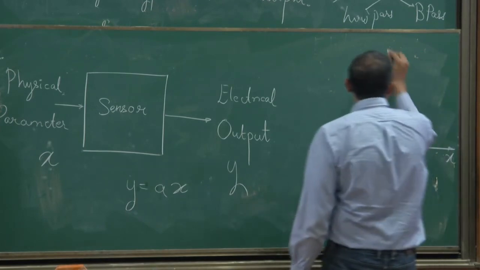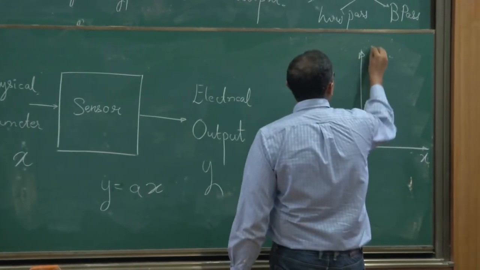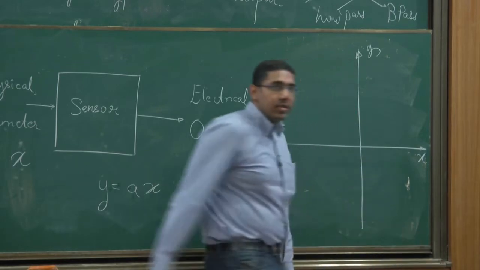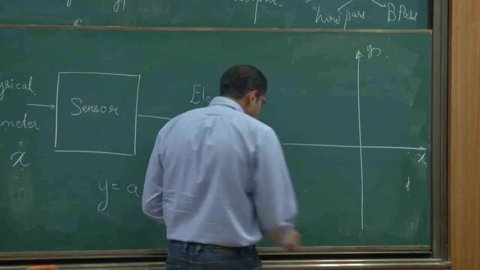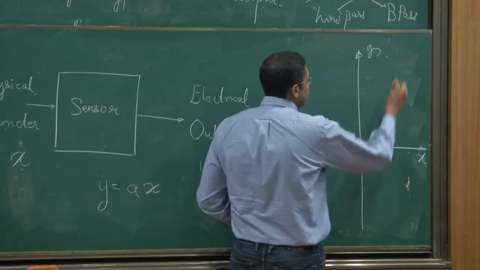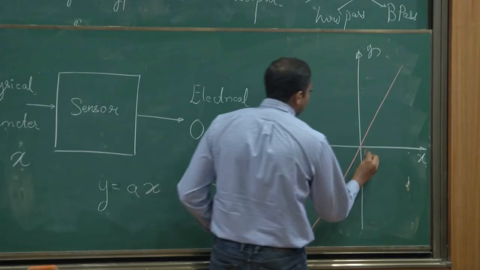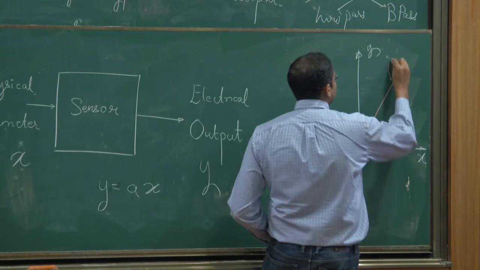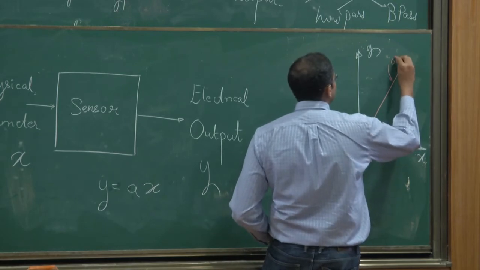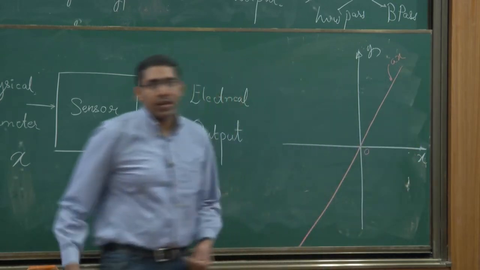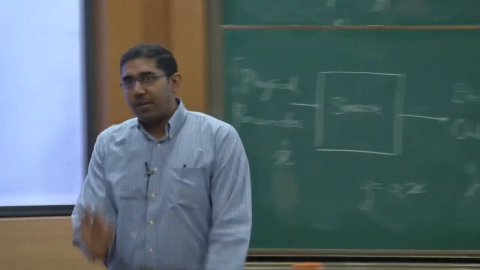So, if you plot this, how should this look? So, it's some straight line that passes through the origin, right? And this has a slope of a. Correct? So, this is the most perfect.